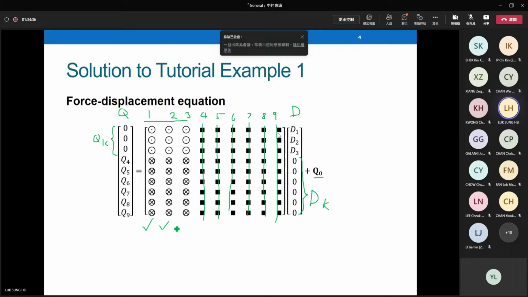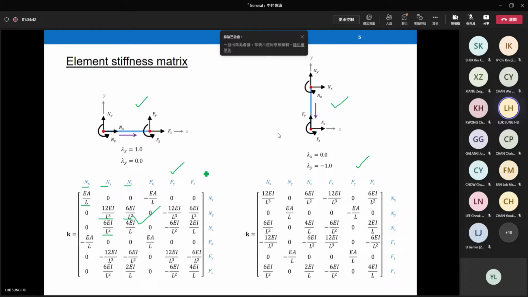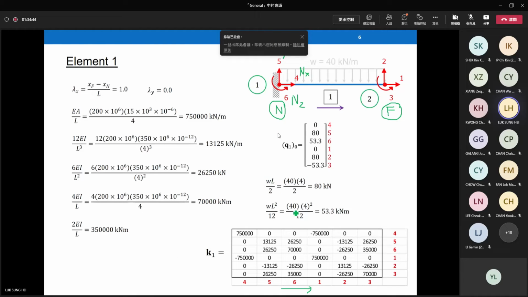Column 1, column 2, column 3 are useful according to these observations. So at element level, which part is useful? Column 1, column 2, column 3. It seems that this part will affect our calculation a lot, so you have to pay great attention to this portion because it will affect your calculation, right? Column 1, column 2, column 3.